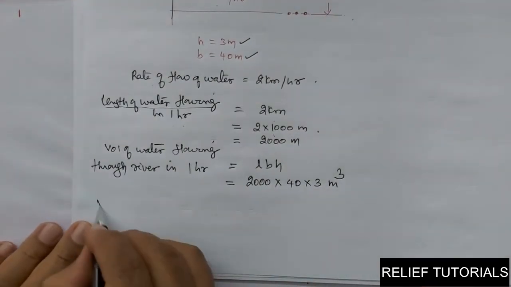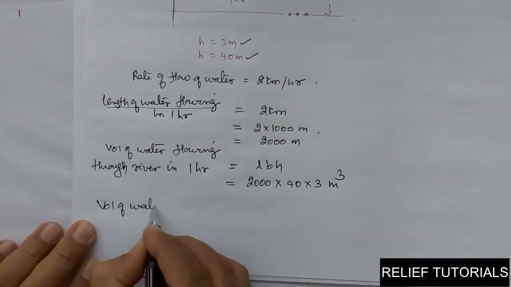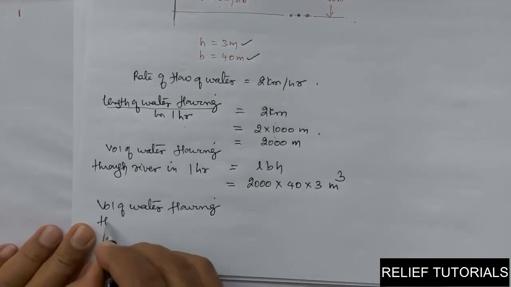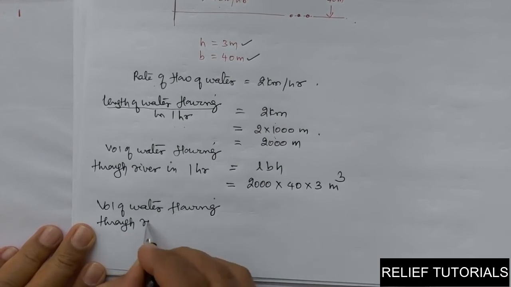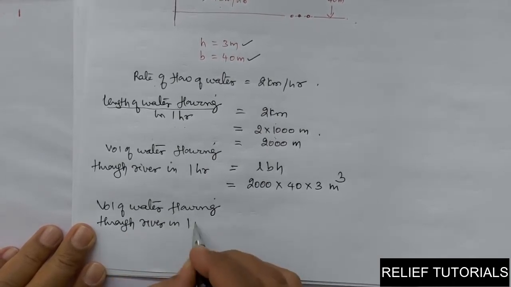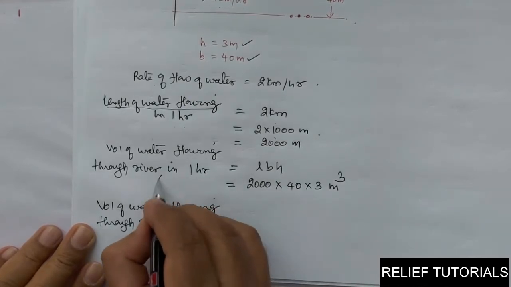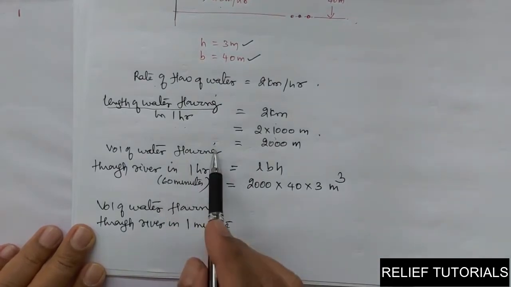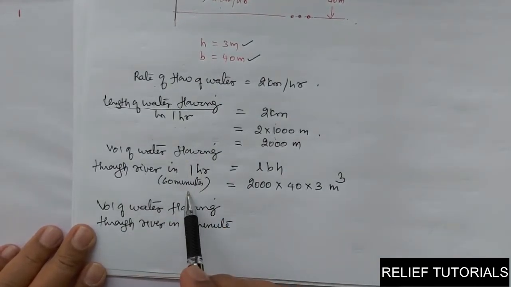So now we can find the volume of water flowing through the river in 1 minute. 1 hour means 60 minutes. So the volume of water flowing through the river in 1 hour, that is 60 minutes, is this much.